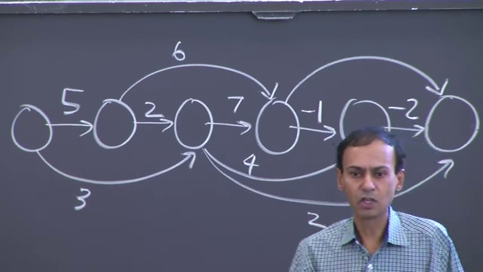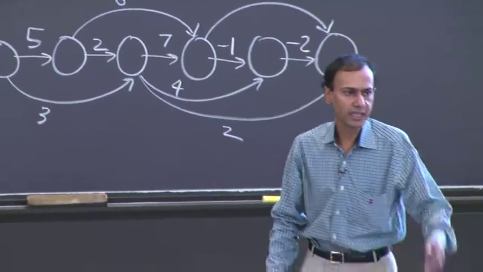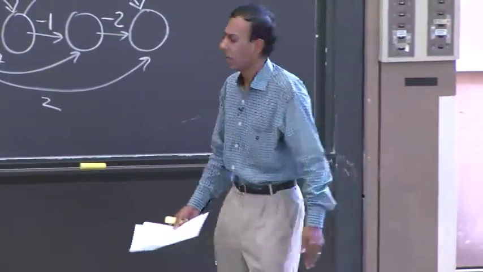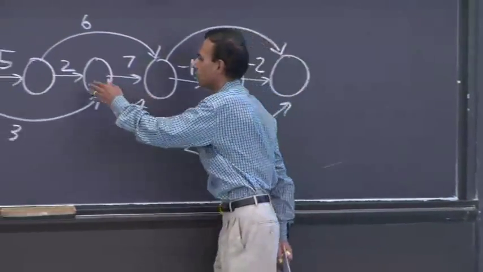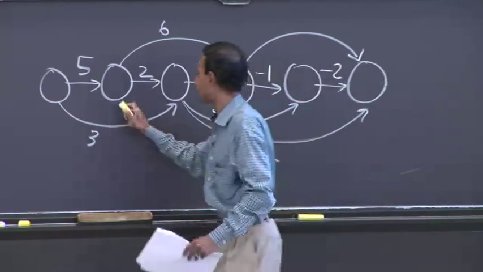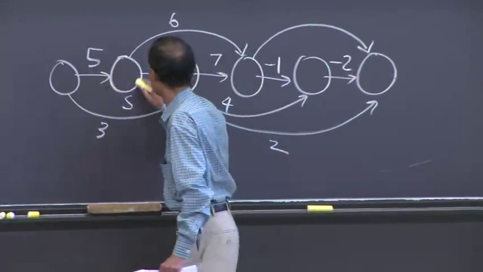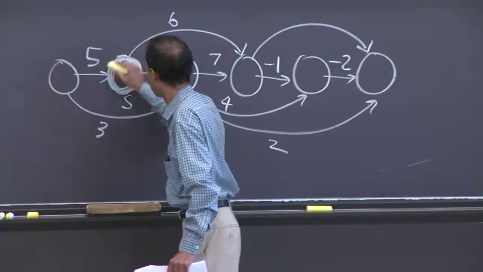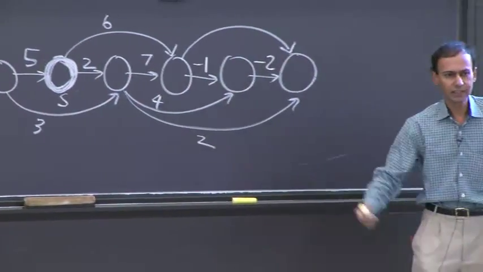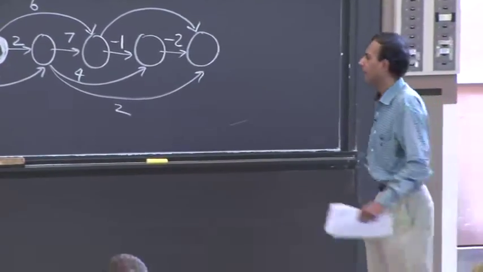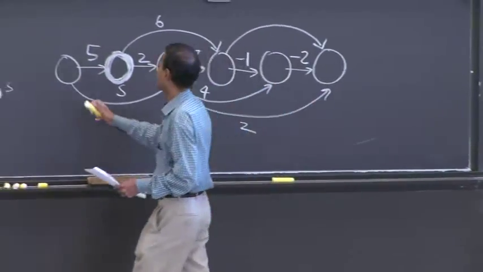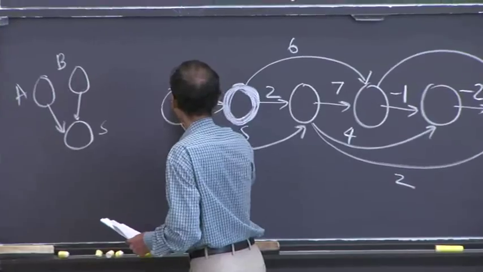Okay? So the first thing that you do is you find the source that corresponds to the starting vertex. And let's say this is the starting vertex in this case, which I'll mark in bold. Right, so that's my starting vertex. So I'll take a non-trivial case. Everything to the left is going to get marked with infinity.